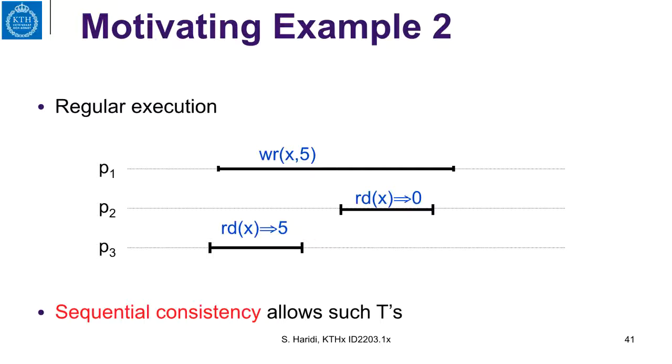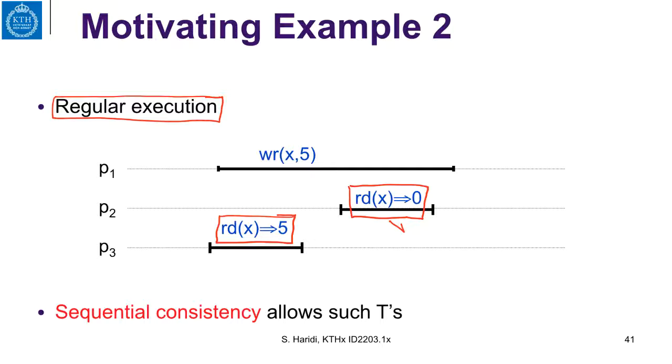What about this execution of a regular register? This execution is regular but also sequentially consistent. In a sequentially consistent execution, it is allowed to return this read and also to return this read. We order the operations so that the first operation is the read that returns x equal to 0.